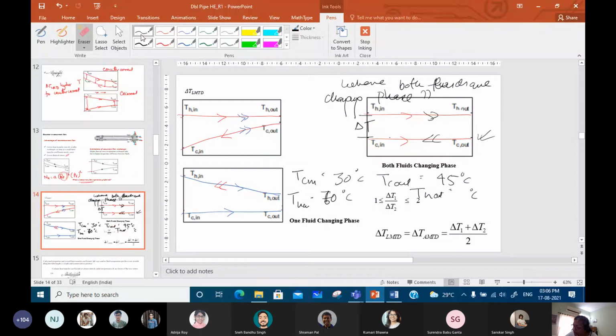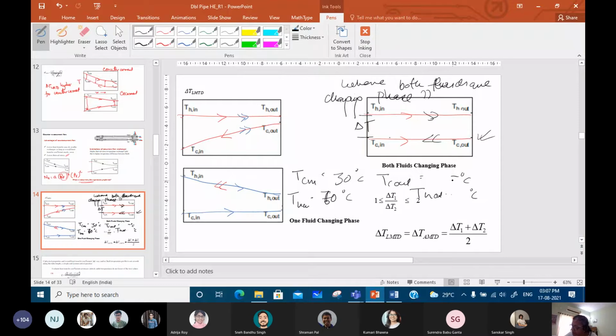The cold fluid is being heated from 30 to 45 degrees, and the hot fluid is being cooled from 60 to 45, very less, about 20. So if I do it around 60 to 45 and 30 to 50. Acha, 60 to 45. Wait, I'll just change the data and I'll give it to you.